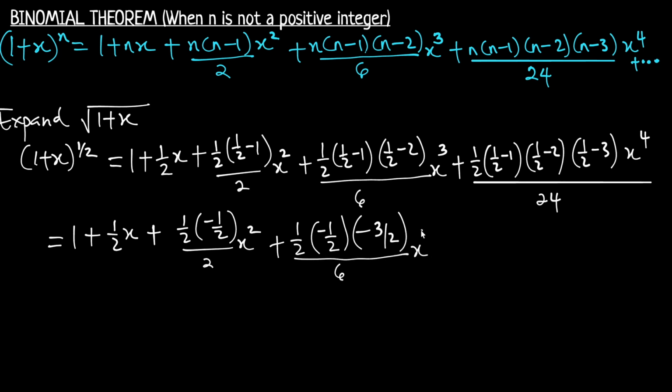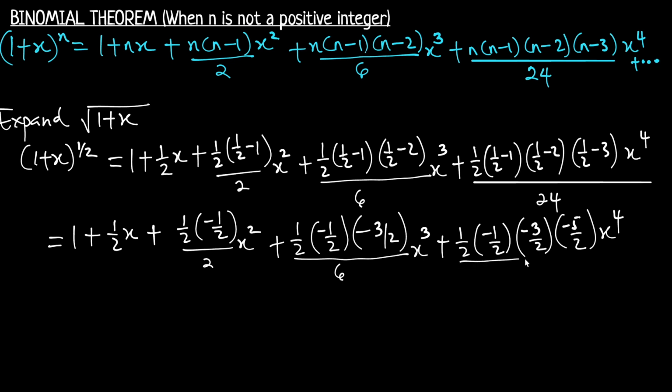Then we have x to the power of 3, plus this is half, this is negative half, this is going to be negative 3 over 2, and it's going to be negative 5 over 2. x to the power of 4 divided by 24.